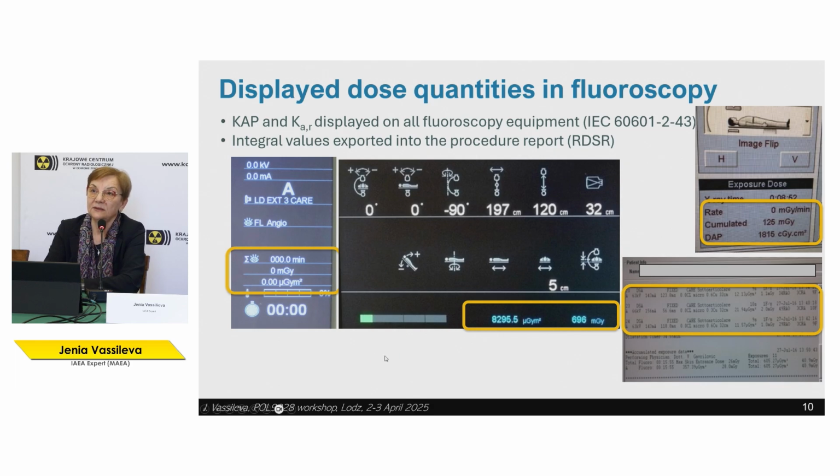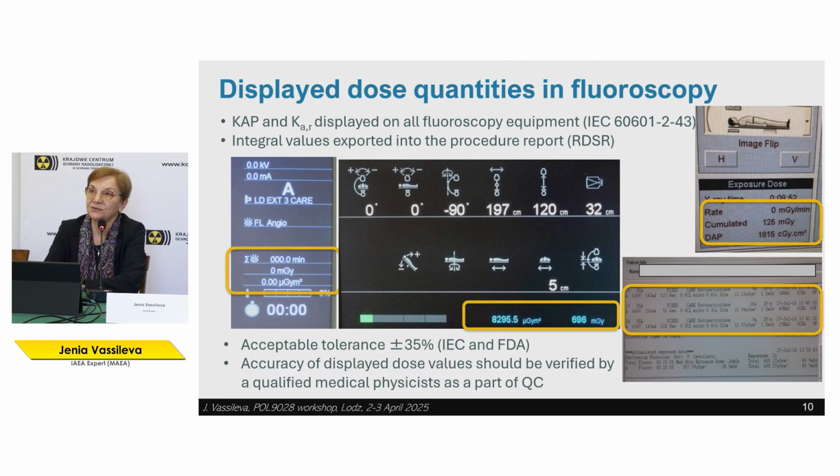So you see the rates, how they are changing during the procedure, and integrated values at the end of the procedure or at the end of the run. And they are also displayed in the control room. This on the right side is the same values shown on the monitors in the control room, and this is already in the report that goes into the archive of the procedure.